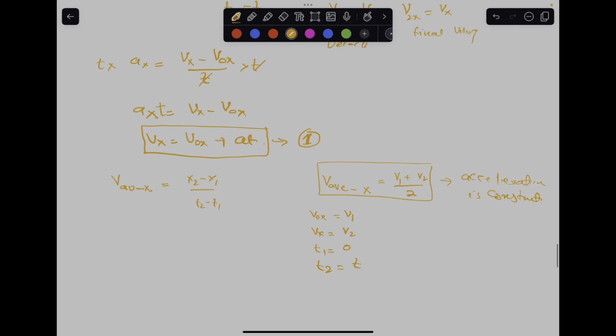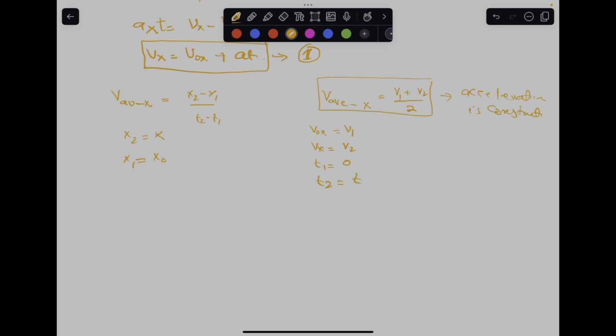So these two are the average velocity. We equate them. x2 is your position x, x1 is your initial position x naught. So when we equate these two equations, the equation becomes x minus x naught divided by t minus t0, which is t, equals v1, which is v naught of x, plus v2, the final velocity vx, divided by 2.